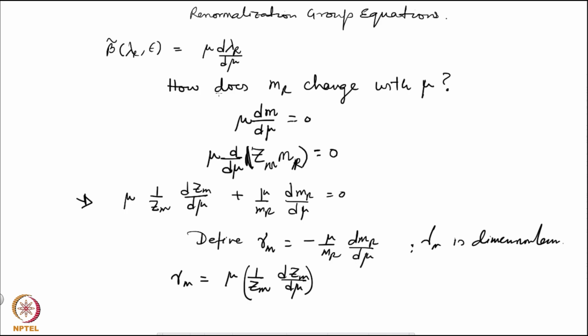Note that the beta function is a universal function, meaning once you have specified the theory, the beta function is fixed. It doesn't depend on what you are studying, which scattering process you are studying. It's independent of those objects, those observables. It's specified once you specify a theory.